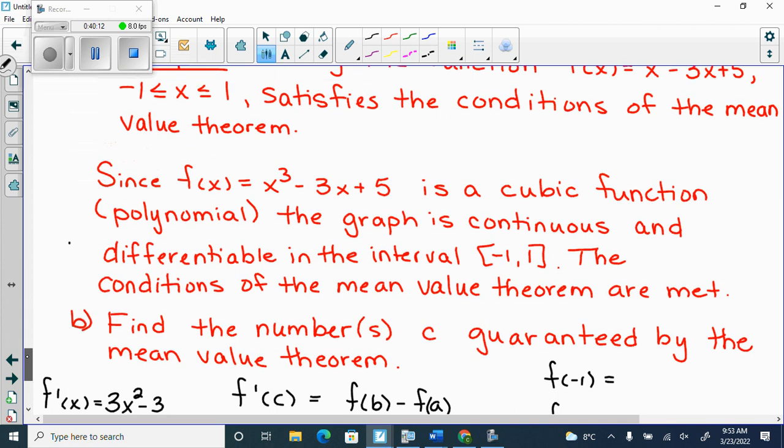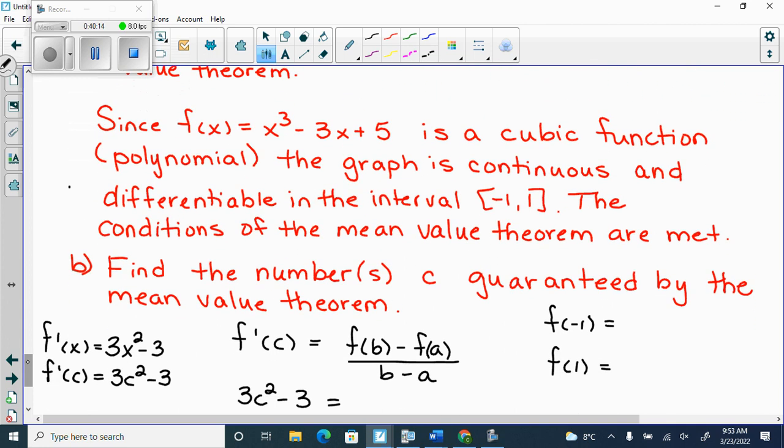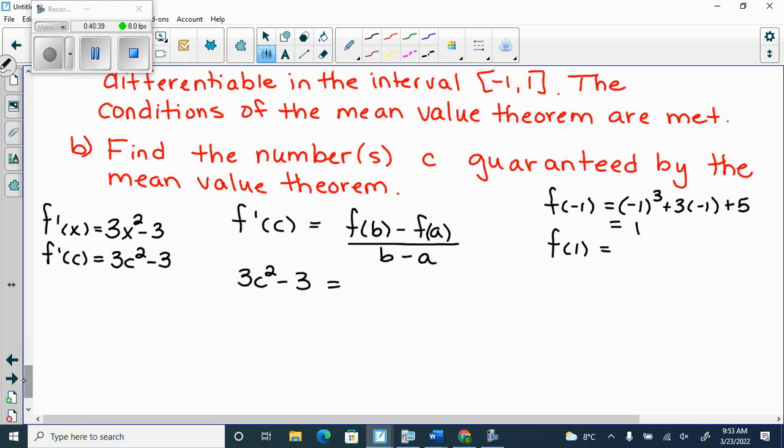So let's plug it into the original. It's x cubed minus 3x plus 5. So we're going to get negative 1 cubed plus 3 times negative 1 plus 5, which is negative 1 minus 3 plus 5, which is negative 1 minus 3 is negative 4 plus 5 is 1.